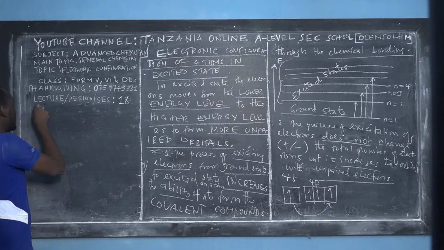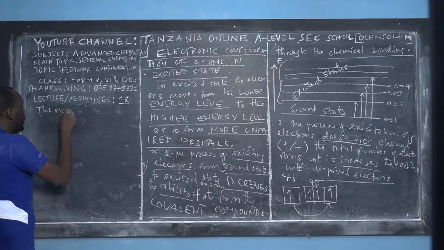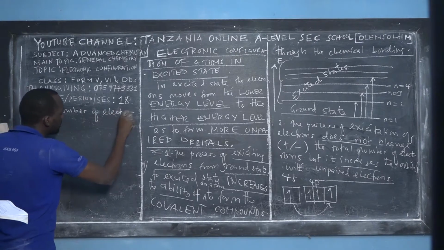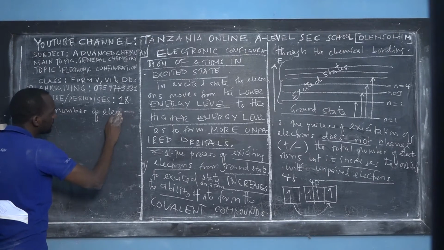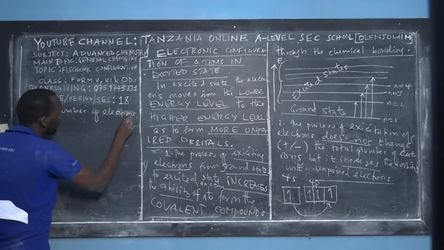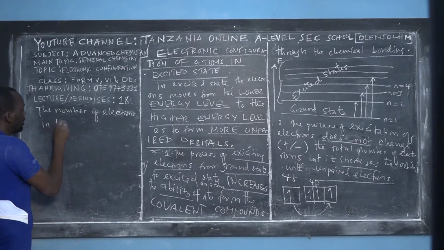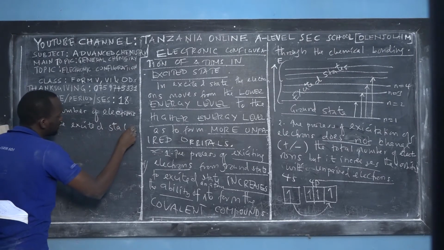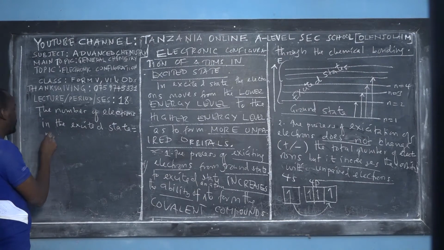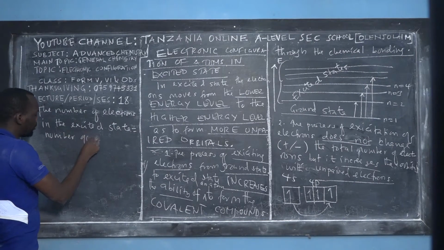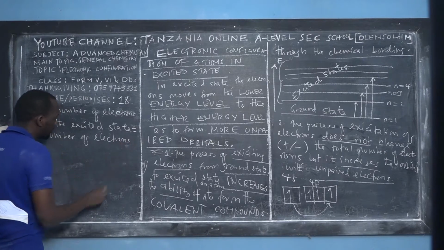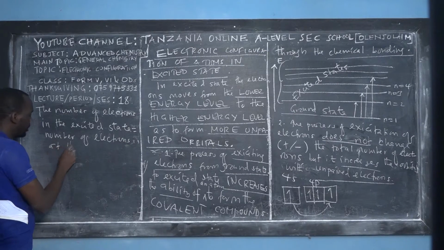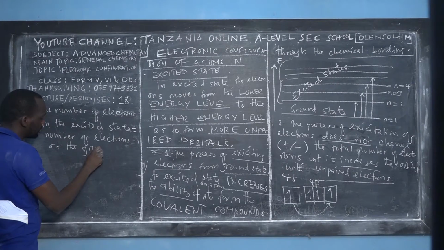I'm seeing somebody who is not writing while I insist on writing. The number of electrons in the excited state is equal to the total number of electrons at the ground state, or vice versa.